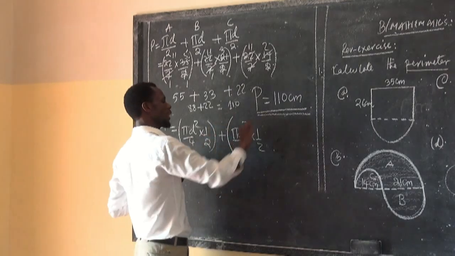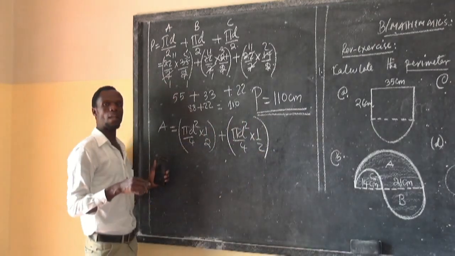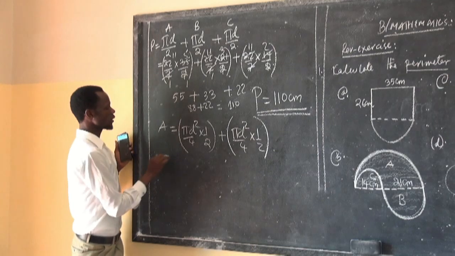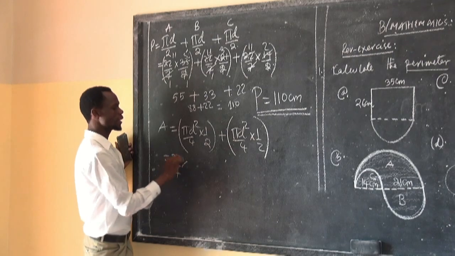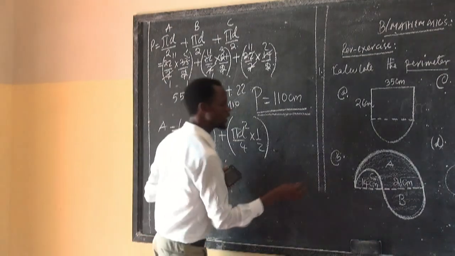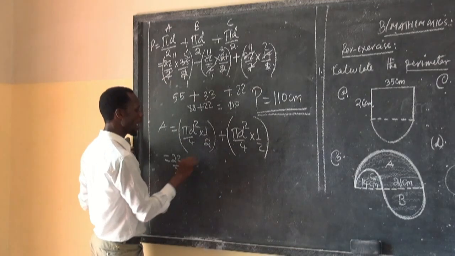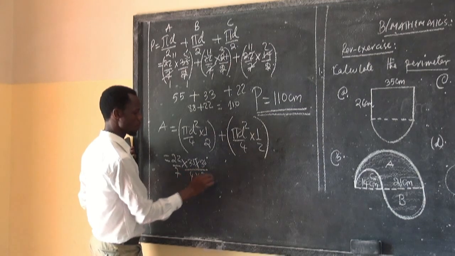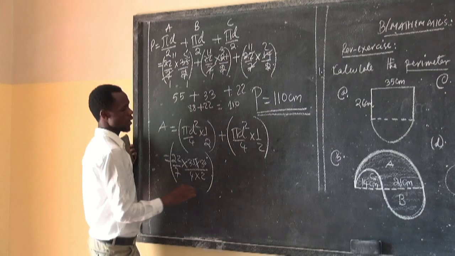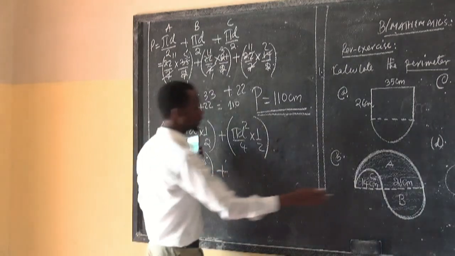If this is the case, we have to apply what we've been given. Now, we have pi which is equal to 22 over 7 times diameter of the first one is 35. Then 35 times 35 again over 4 times 2. This is the first area. And the second area, here it is.